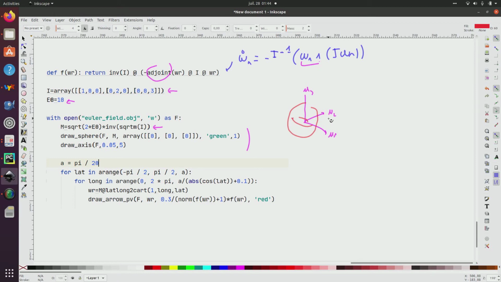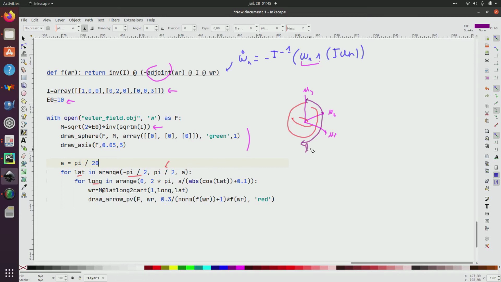I will scan it with respect to the longitude and the latitude. So it is two coefficients which correspond to two different angles I use for spherical coordinates. So the latitude is between minus pi divided by 2 and plus pi divided by 2, and it corresponds to this angle.